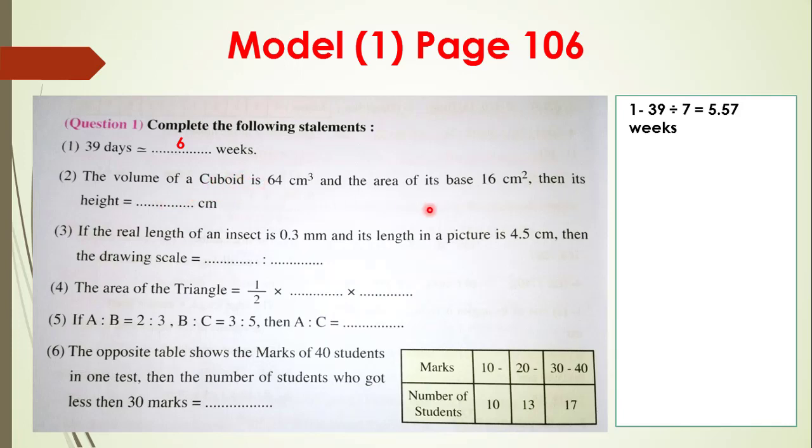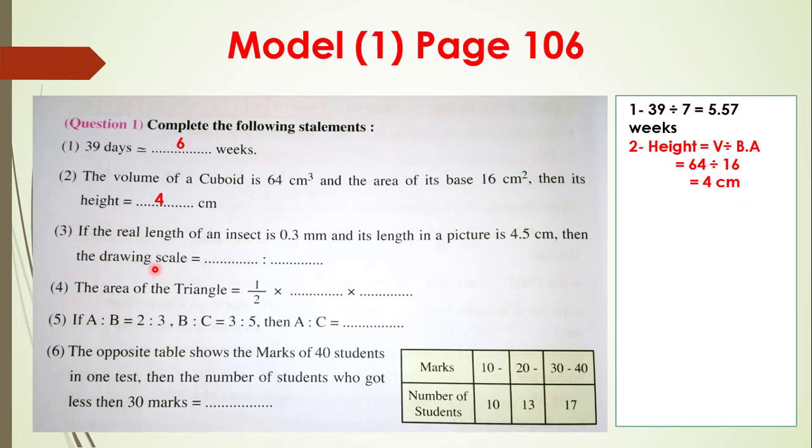We have the volume 64 and the base area 16. Divide 64 by 16, the result will be 4 centimeters.